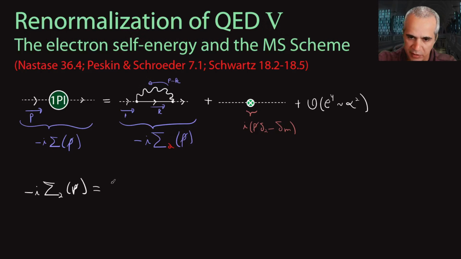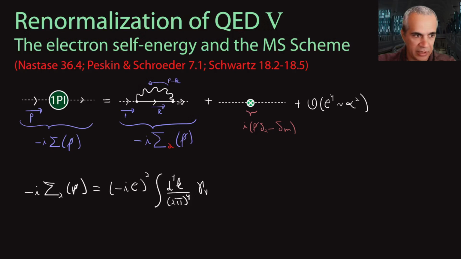There are two powers of the QED vertex, which gives me this minus i e squared. There's a loop, and I choose the loop variable to be k, so there's a d^4k over (2 pi)^4. Then I have to give some Lorentz indices, summed with the photon propagator, so I'll call the first one gamma nu.